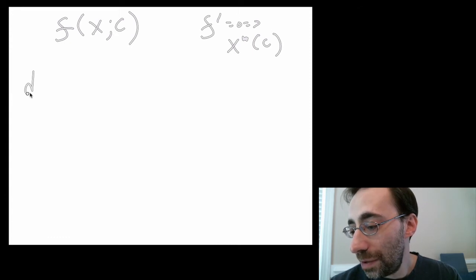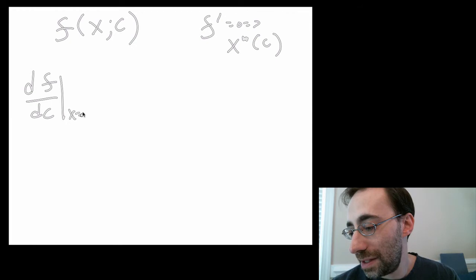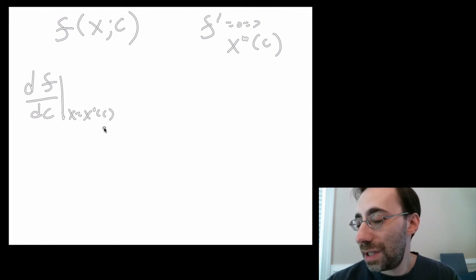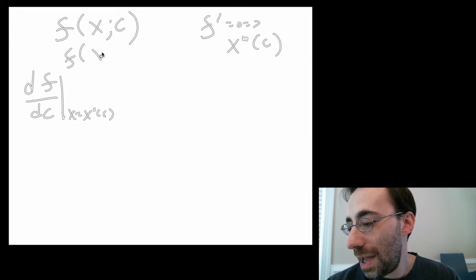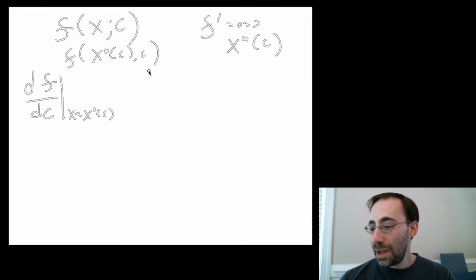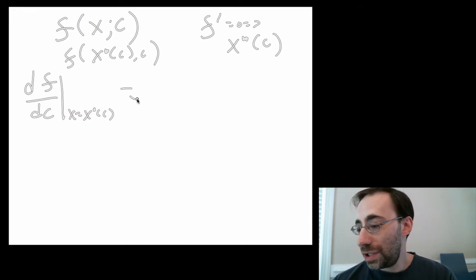Well, if we want to understand how f changes with c evaluated at x equals x star, we can rewrite this thing as this, and then use the chain rule like we just did.